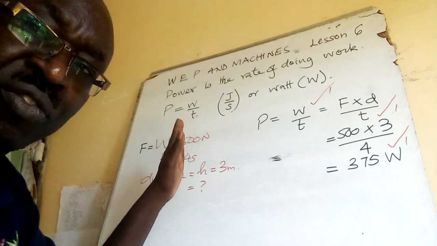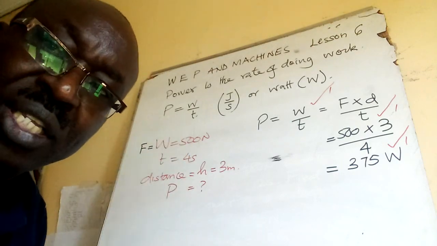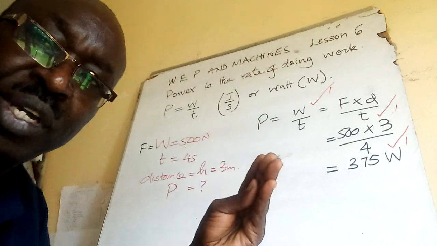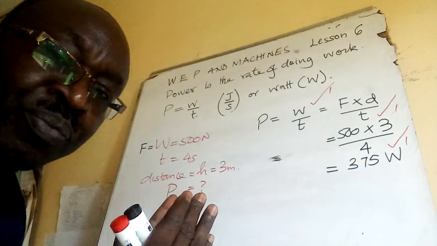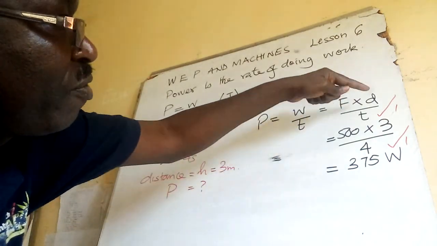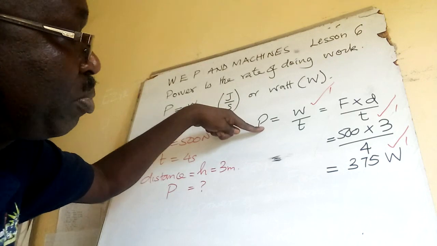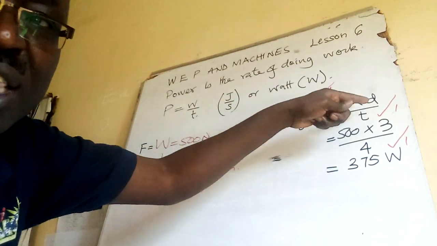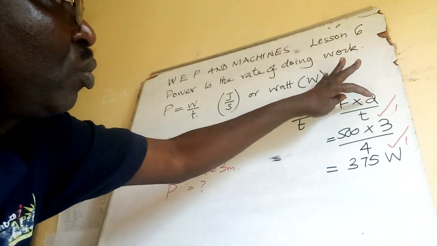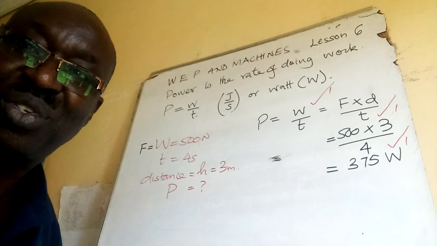If you are to do conversion, do it separately so that you don't mix many steps. Mixing many steps is what will make you lose marks. So I suggest do conversion separately so that when you have a formula of 3 quantities, like I want to get power, I'm told you must know force, distance, and time. So these are 3 figures. 1, 2, 3. Okay? Your work becomes so simple.